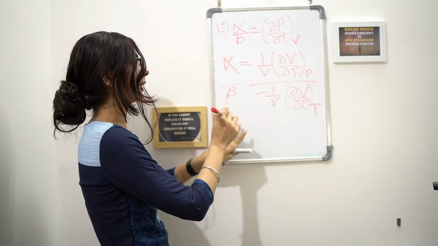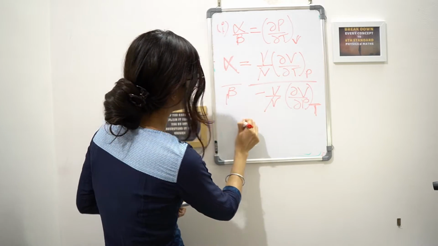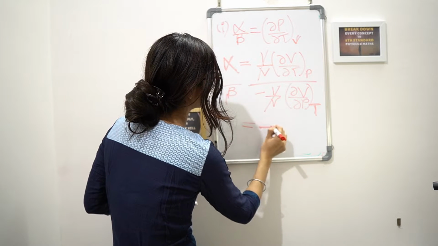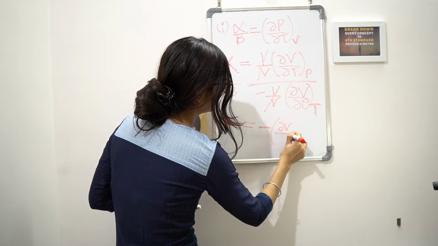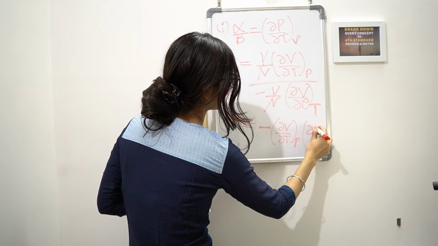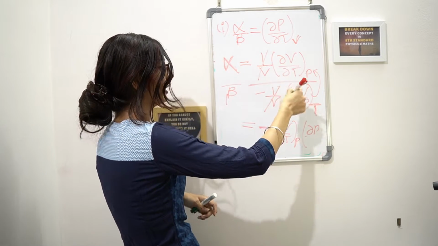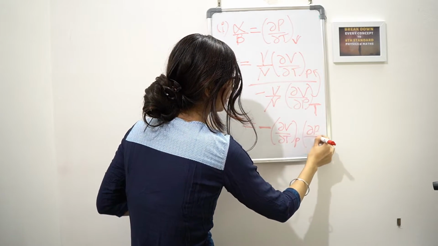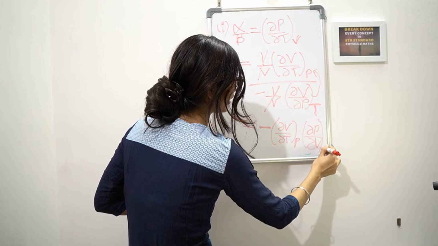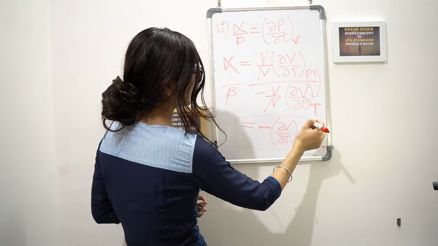So what will happen now? This V and this 1 by V will get cancelled out and we will be remaining with minus del V by del T at P and this del P. When this goes in the numerator, it will get reversed: del P by del V at T. Fine. Now we have to simplify this formula to get this.